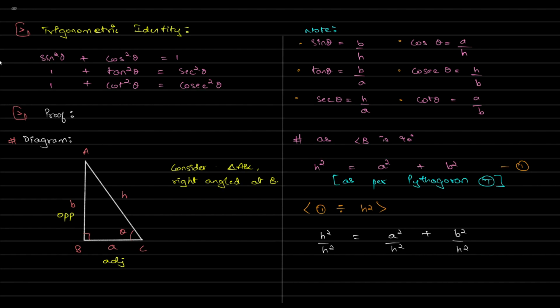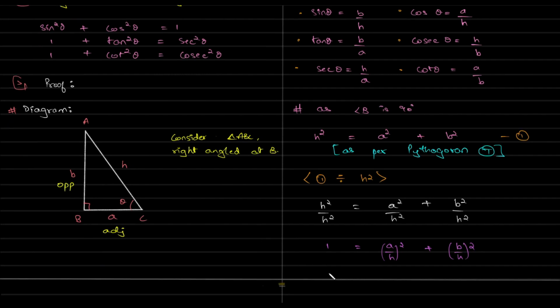So 1 is equal to A by H the whole square plus B by H the whole square, right? But what is A by H? A by H is cos. So 1 is equal to cos square theta plus B by H is sine, sine square theta. So cos square theta plus sine square theta is equal to 1. That's your first identity. Very simple, right?